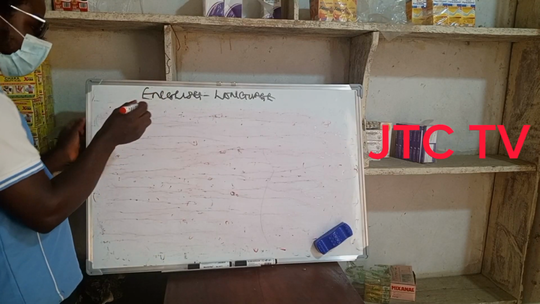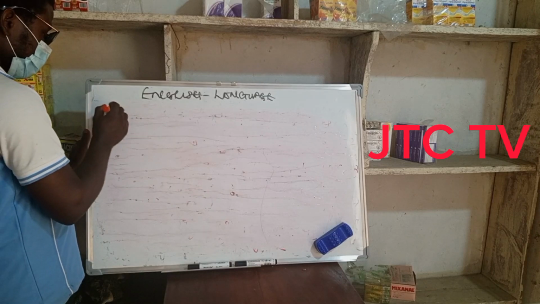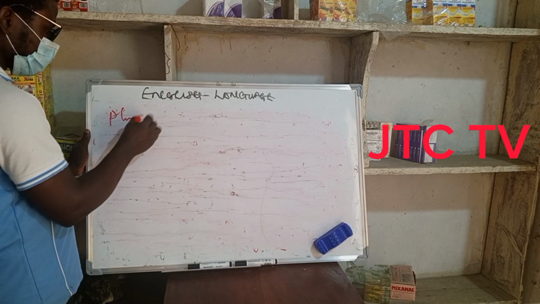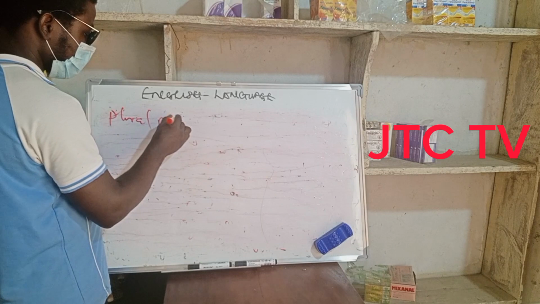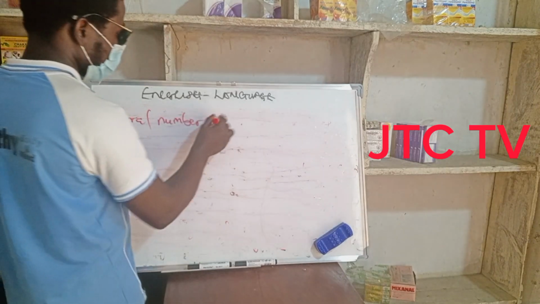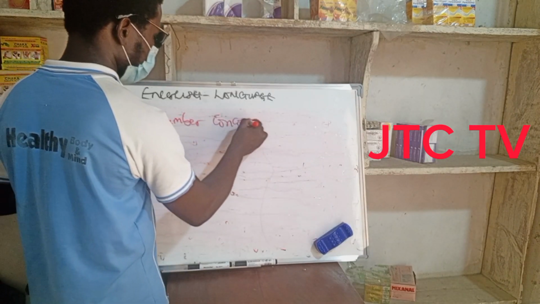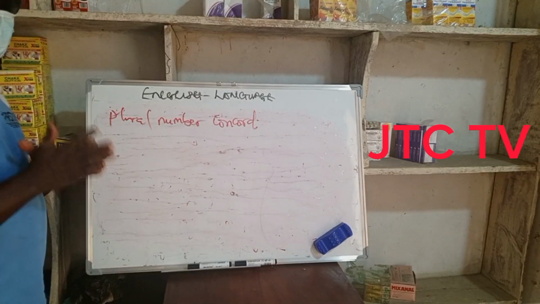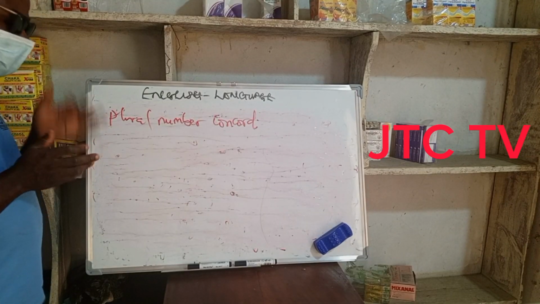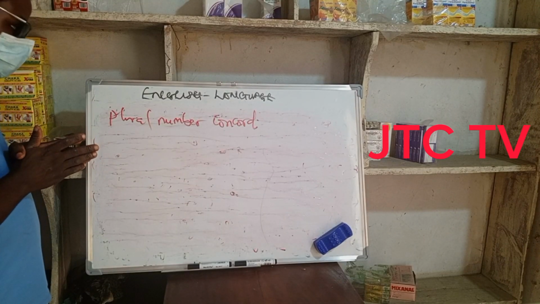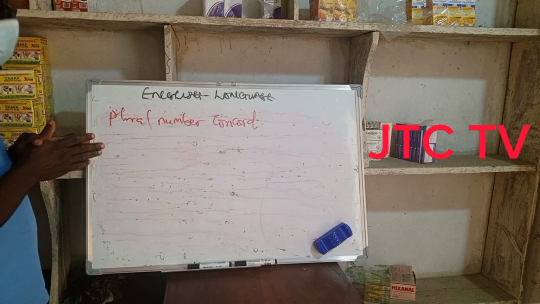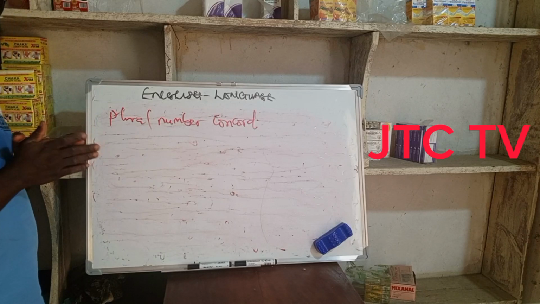Okay, so the next one is plural number concord. Whenever a unit or an amount is mentioned, the verb of that sentence should be what? Singular.